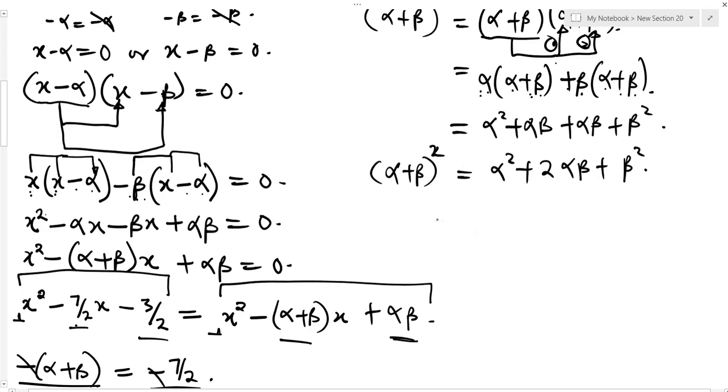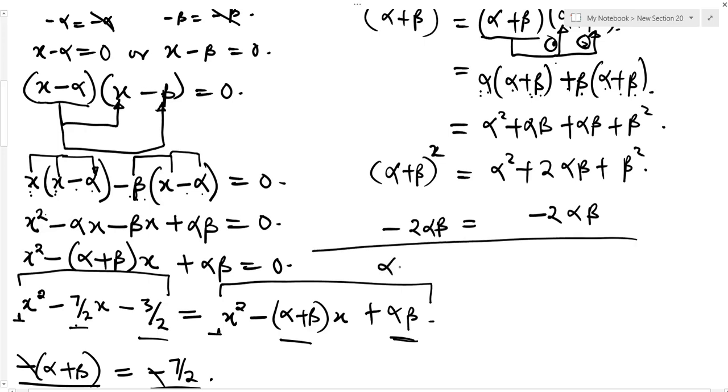Now if you add minus 2 alpha beta to both sides, here you have alpha plus beta all squared minus 2 alpha beta, which will be equal to, this will cancel out this, you have alpha square plus beta square.